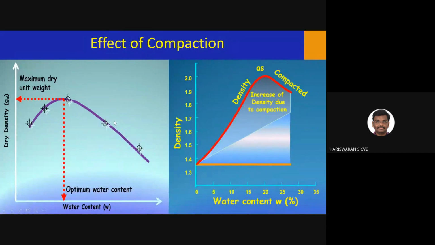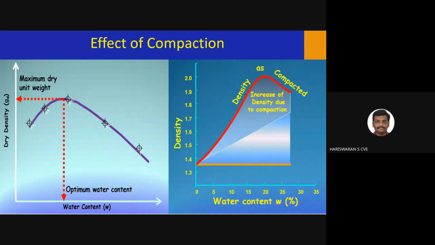Why does this happen? The water we are adding into the soil helps to lubricate the soil particles. When we are applying the load, the soil particles try to make contact with each other. If you add a good amount of water, that water may fill or occupy the surface of the soil particle. It helps as a lubrication.